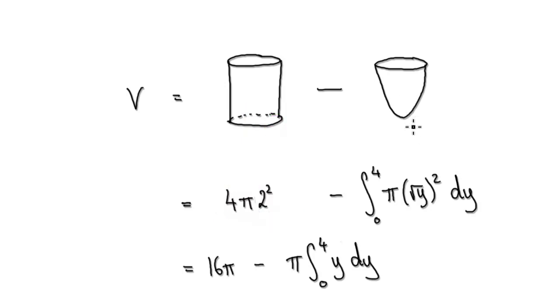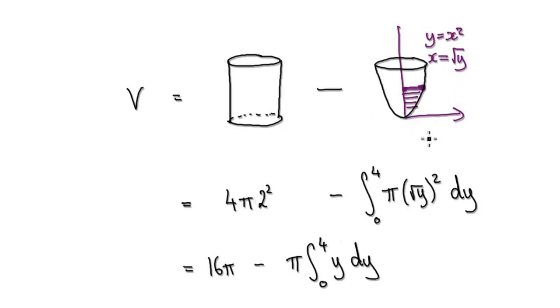Then set up single variable calculus. Remember this is y equals x squared, so this x length is root y. I'm rushing through this, I'm expecting you to know this by now. This is single variable calculus.